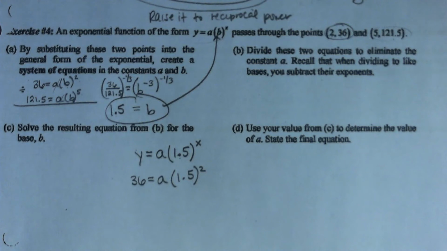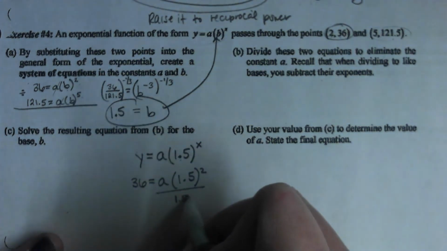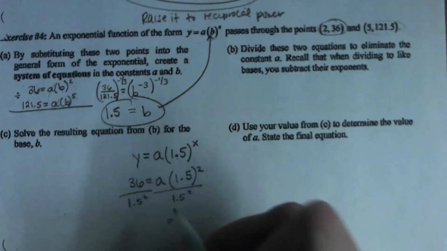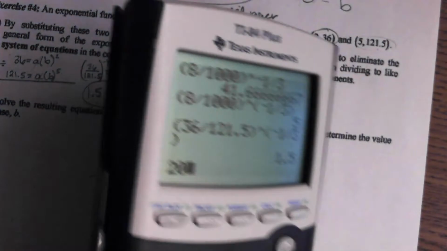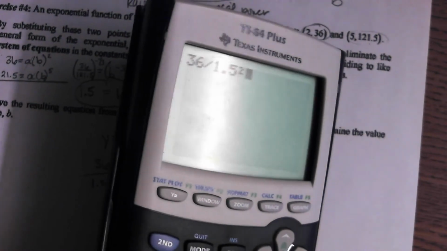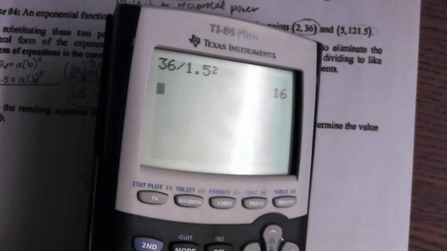I don't want to divide a over. Usually you want to divide things away from a. You don't really usually want to touch a. Right, divide the 1.5 squared over. If you wanted to, you could figure out what that number is first. Doesn't really matter to me though. 36 divided by 1.5 squared. 16.